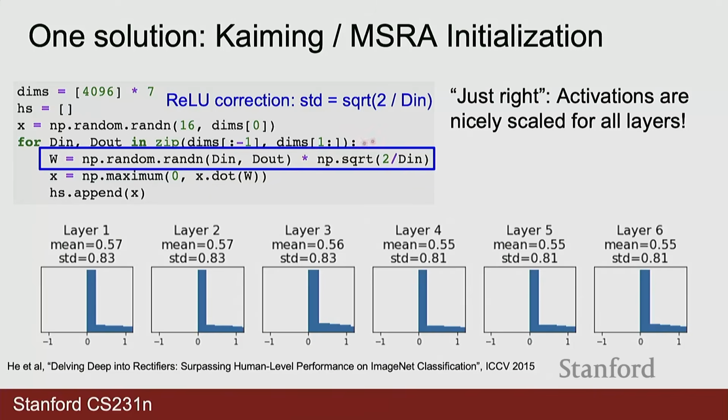You can almost think of this as a magic formula where if you plug it in, you get the desired properties. If you want to know the derivation, we linked the paper here, so feel free to look into that. But you can just take our word. It has the desired effect where the mean and standard deviation are unchanging. And for any given setup, you could also just, through testing, try to find what the value should be.